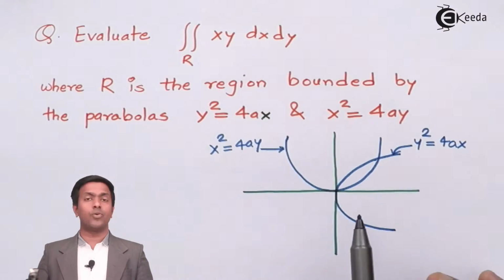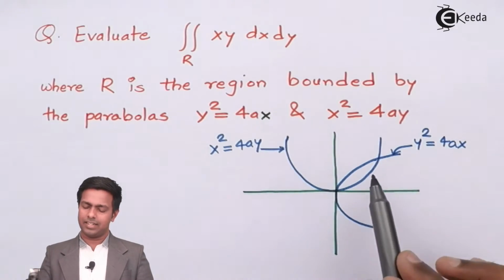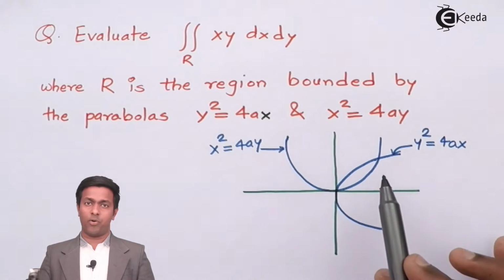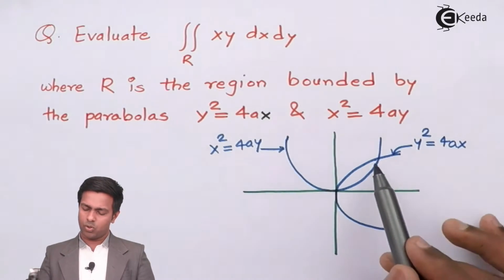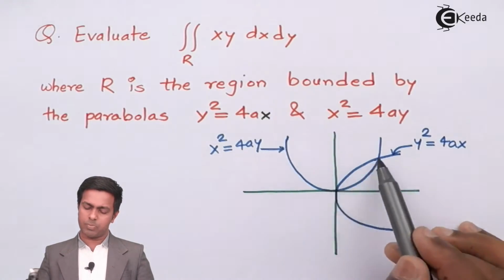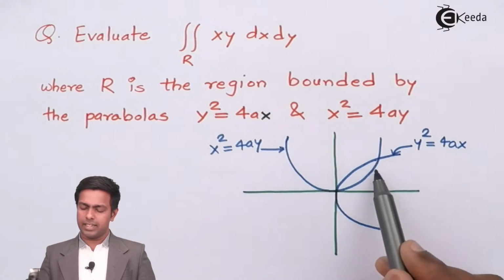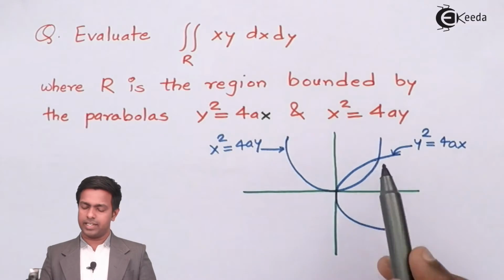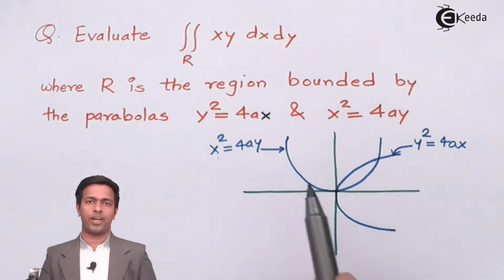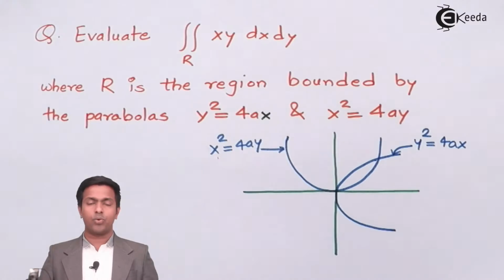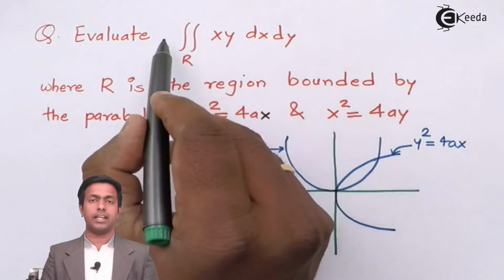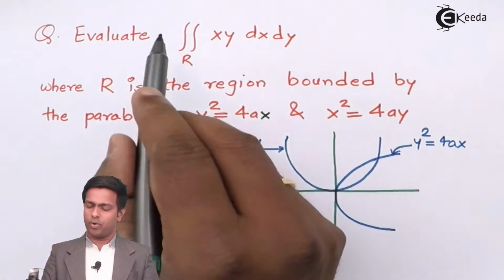Now if you see this, this is a region which is bounded by two parabolas. So this boundary of the region is the parabola y square equal to 4ax, and this boundary of the region is x square equal to 4ay. Now guys, we have to integrate the given function over this region.